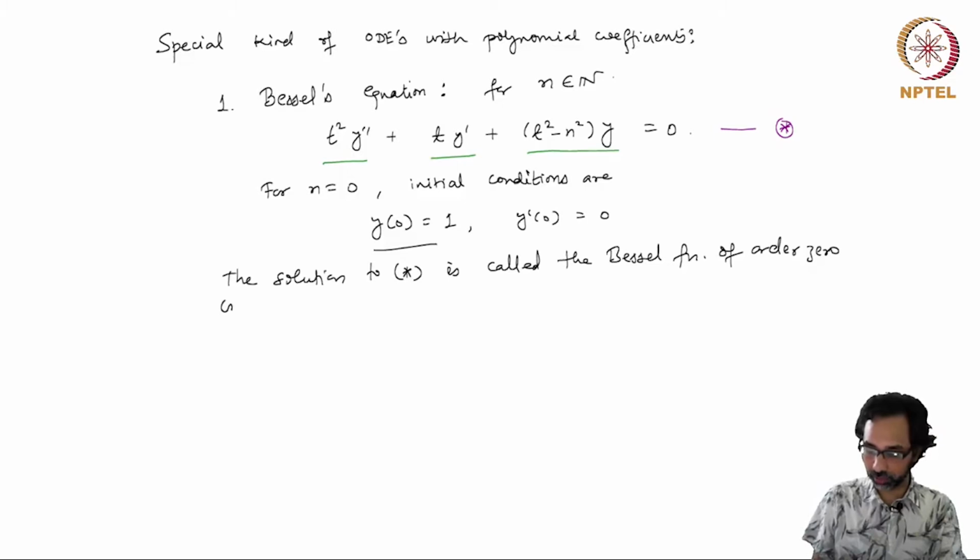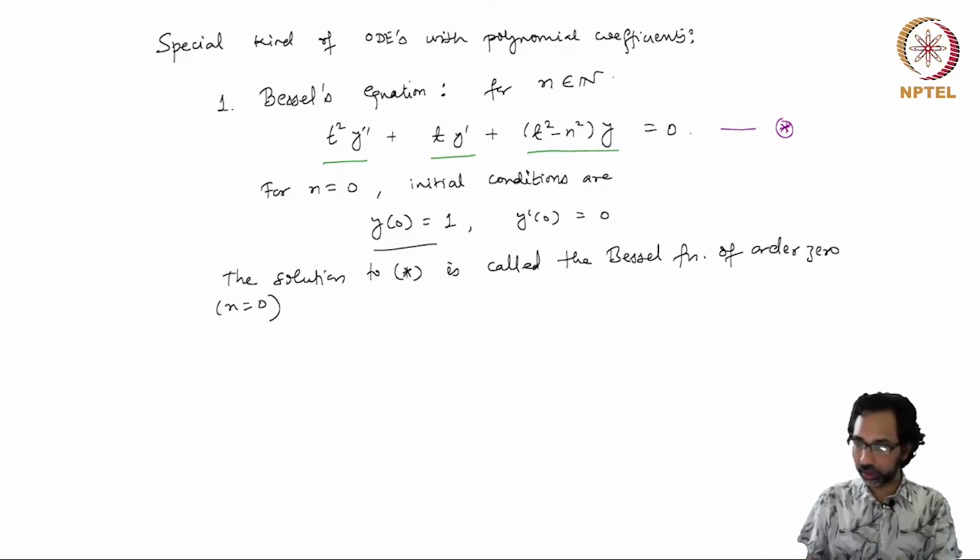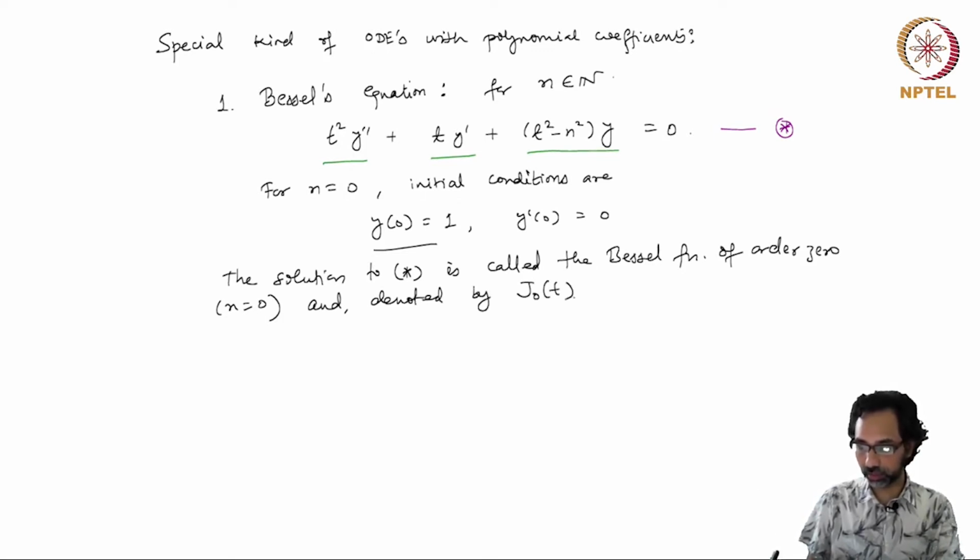So this is for n equal to 0, and denoted by J0 of t.